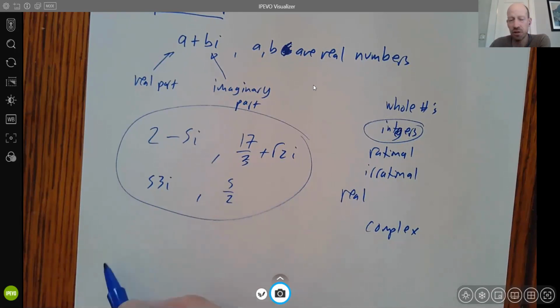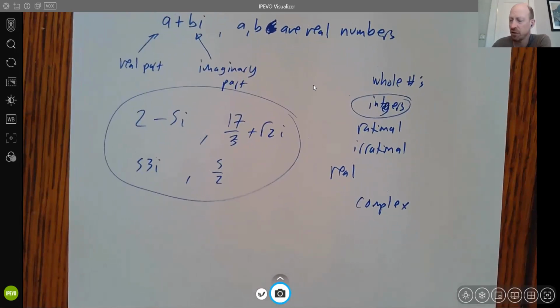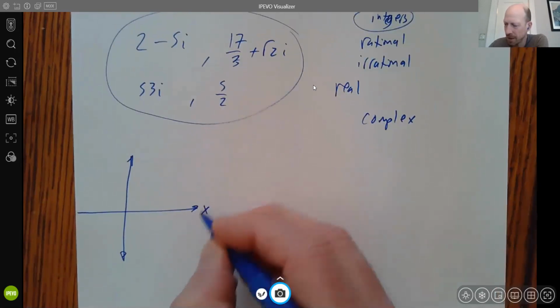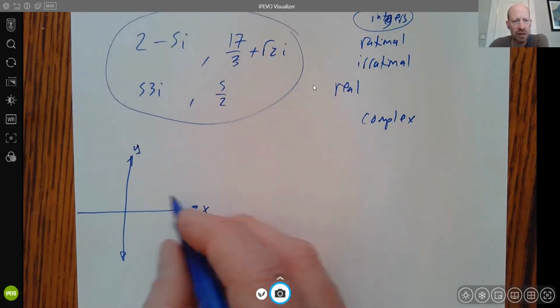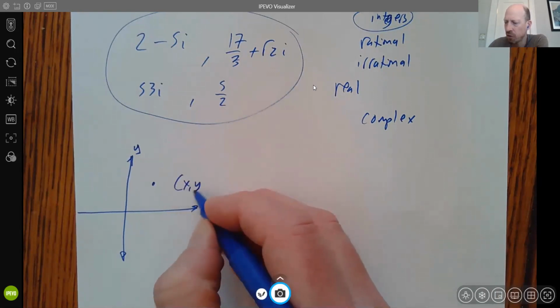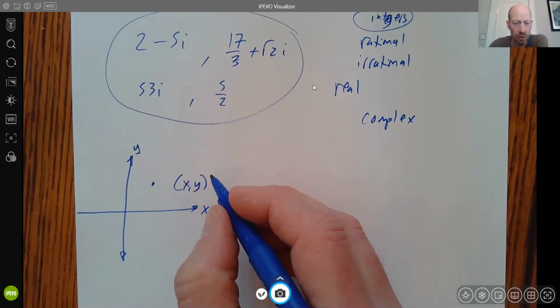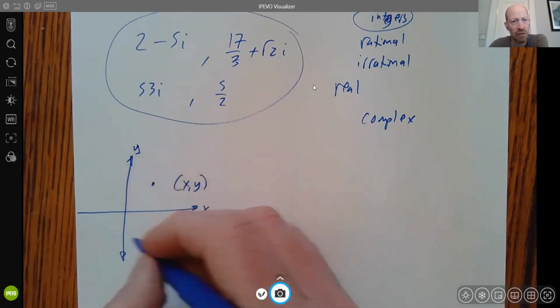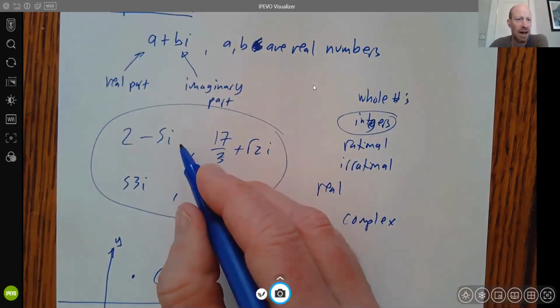But the question originated with graphing: can we graph these numbers? When we typically look at our XY coordinates, this point here includes both an X and a Y, but X and Y are both real numbers. Okay, so if I'm looking on this coordinate graph, there is no 2 minus 5i.